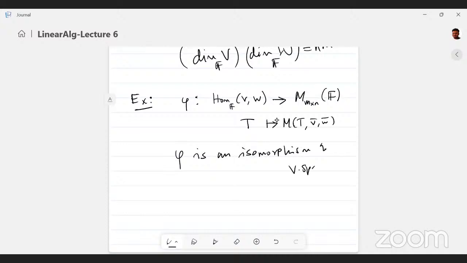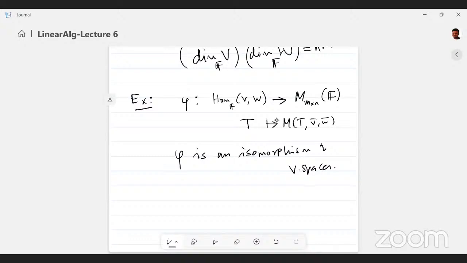First of all, when you define a map, you should check whether it is well-defined or not. That is obvious, because once T is fixed, the matrix is defined uniquely. V bar and W bar are fixed, so this map is well-defined.